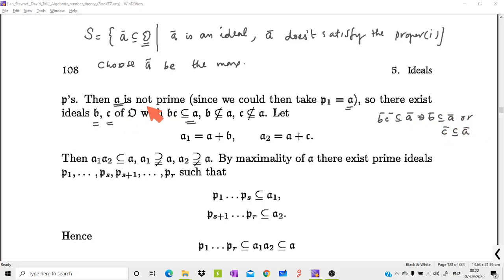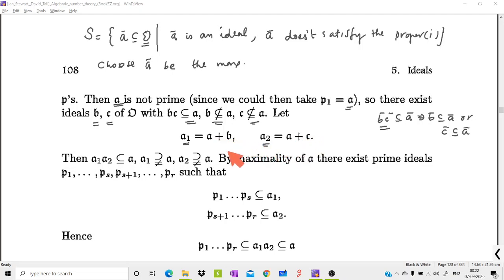So A is not prime means you can find B and C such that BC is contained in A, but this does not hold. That means BC is contained in A, B is not a subset of A, and C is not a subset of A. Now you define A1 and A2 in this manner. A1 is equal to A plus B, sum of two ideals.